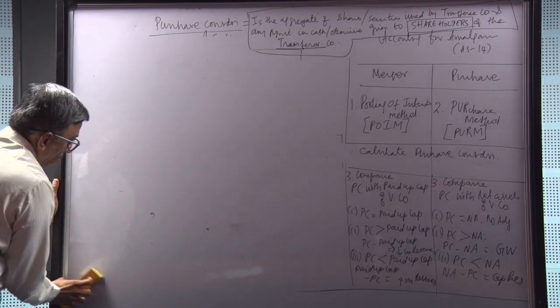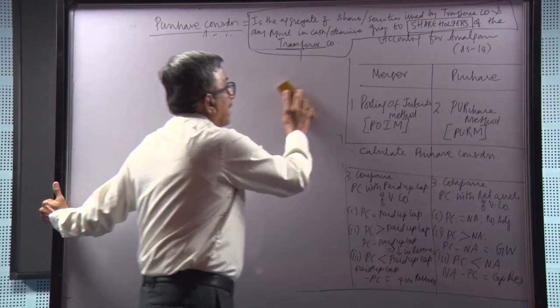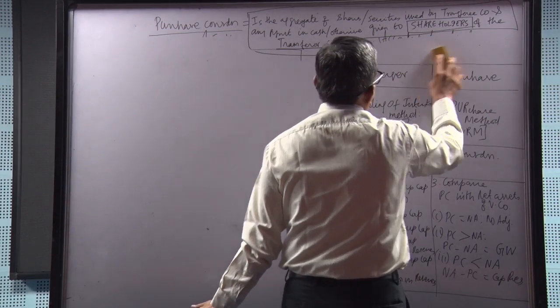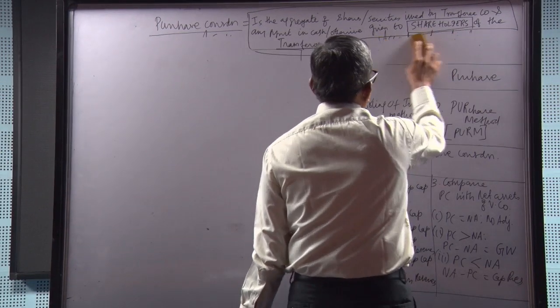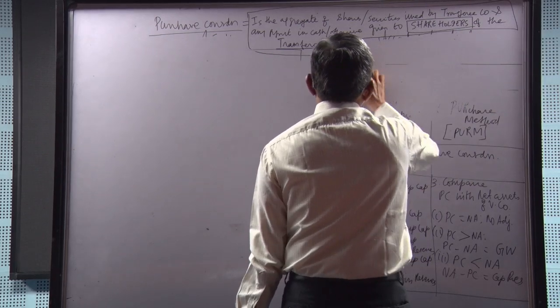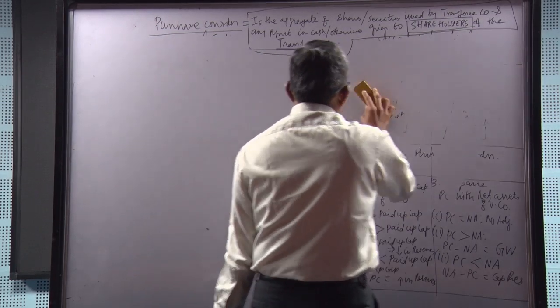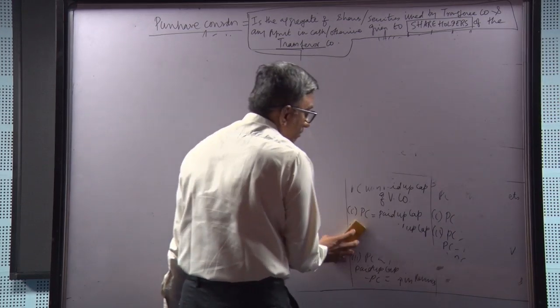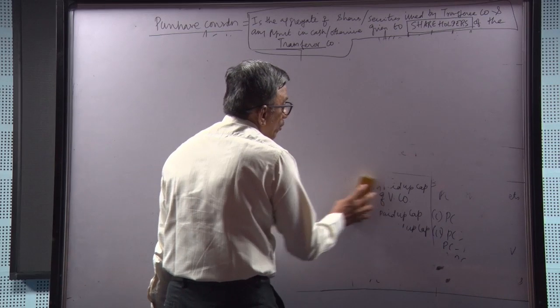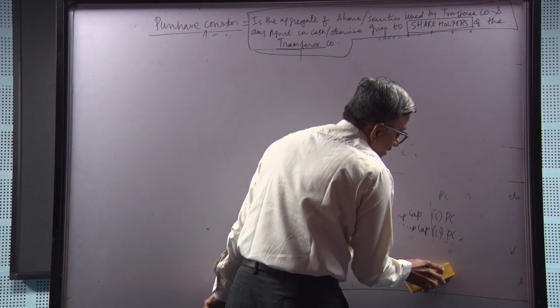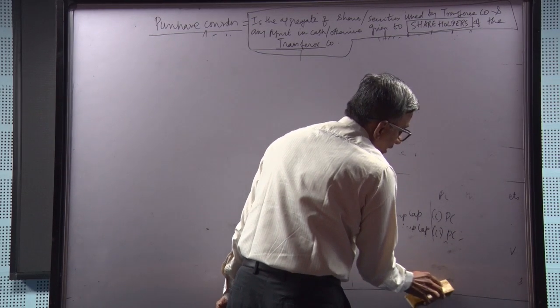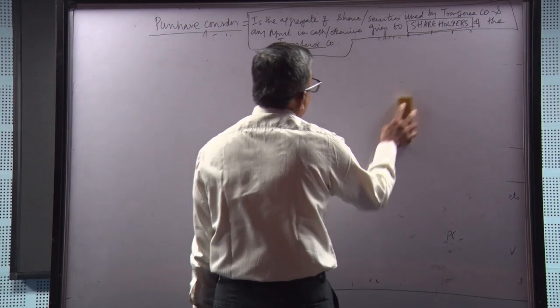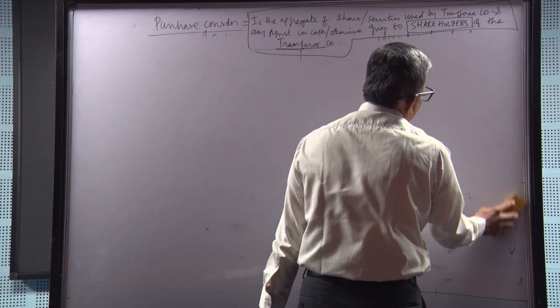So therefore, how to calculate the consideration in this case? You see the adjustment A, they have given what the preference shareholders will get. Adjustment B tells you what the equity shareholders will get. Adjustment C talks about liquidation expense of this company to be paid by that company.